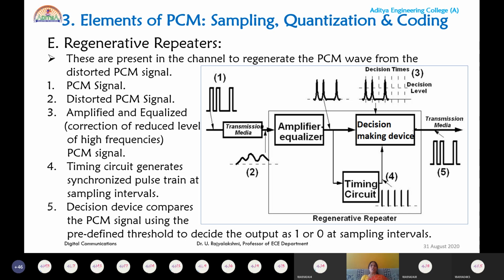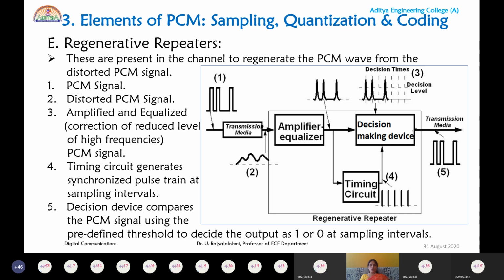Now what will this repeater do? This repeater first amplifies the distorted PCM. You can observe the amplified distorted PCM as the output of the amplifier, that is, the strengthened, distorted PCM.